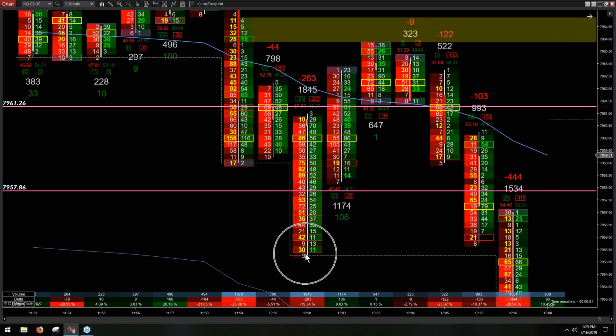But if this is going to, again, continue lower without a retracement, we're going to have to see more orders coming in on the left side here than the right. And you can see that they decrease as we're getting to the low of the day. So once again, that's going to be an indication that it's probably going to bounce.